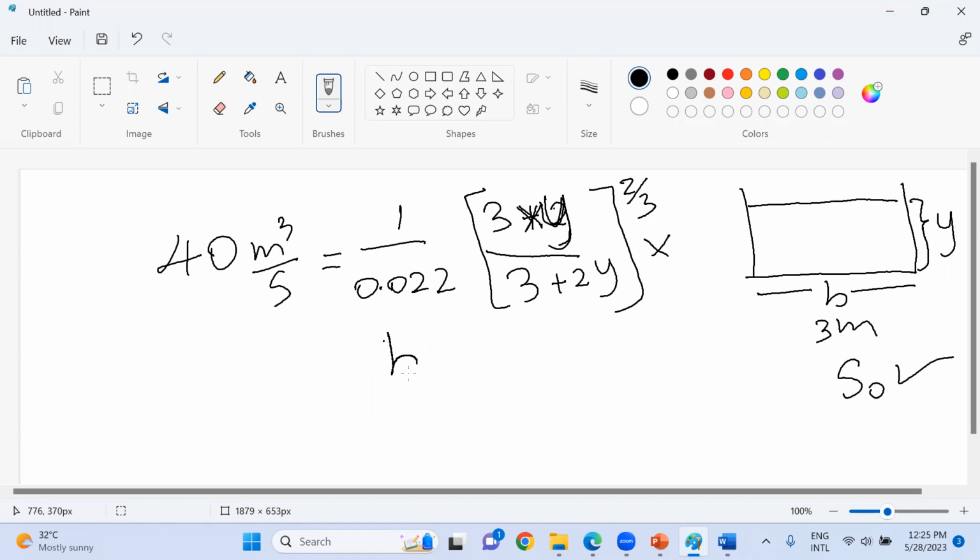B times Y, right? Then multiplied by the square root of S naught. Now you see, this is not a linear equation. B, you know it is 3, but the Y is an unknown. So you will have to use your calculator, or you will have to use the trial and error method to find out Y. I hope it is clear. Do you have any questions?